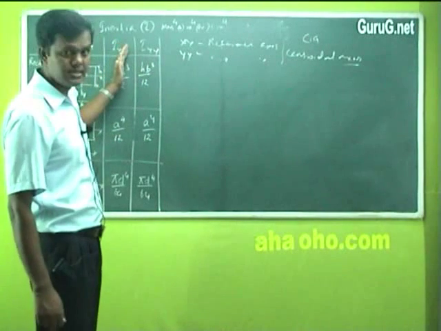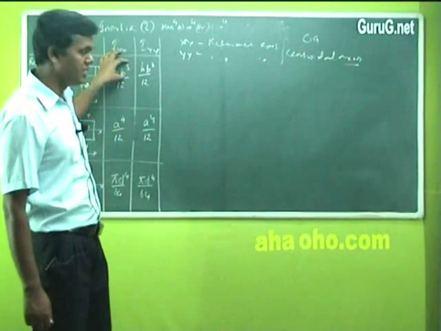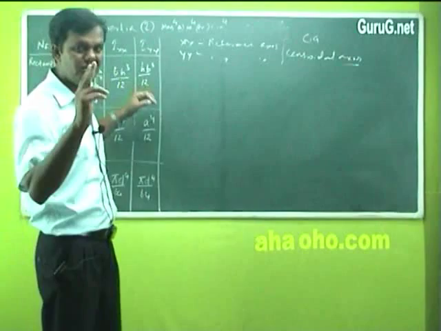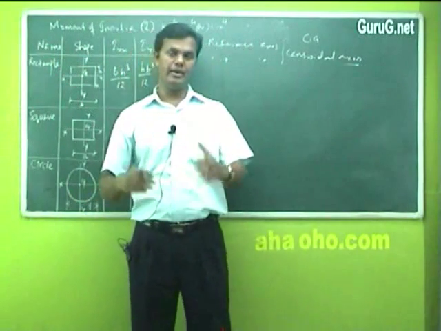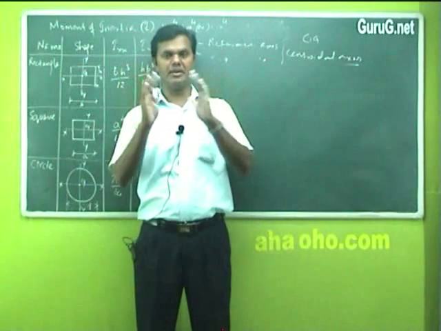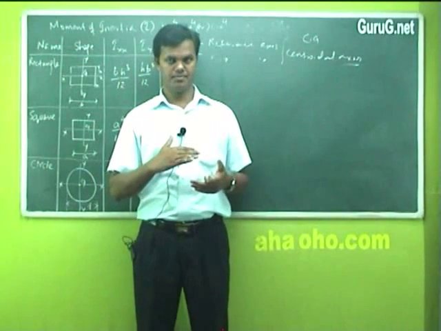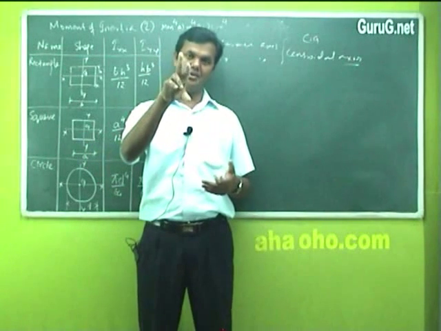The Ixx has got a separate formula, or the moment of inertia of any body is being defined by 2 different theorems. Meaning is, for any shape, be it a rectangle, triangle, whatever it is, we are considering a reference axis, I told. Right? The reference axis may be of 2 types.